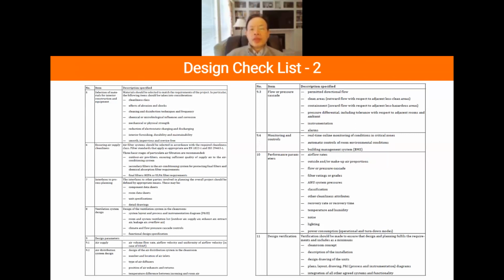In checklist 2, for example, this standard more specifically added monitoring and control: real-time online monitoring of conditions in critical zones, automatic control of room environmental conditions, and a building management system.